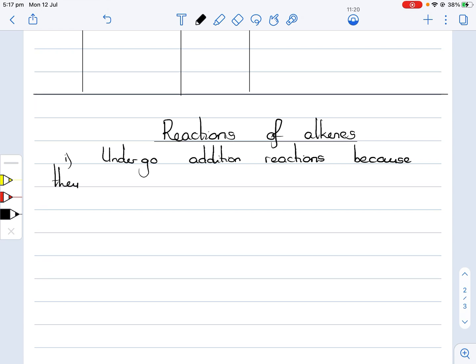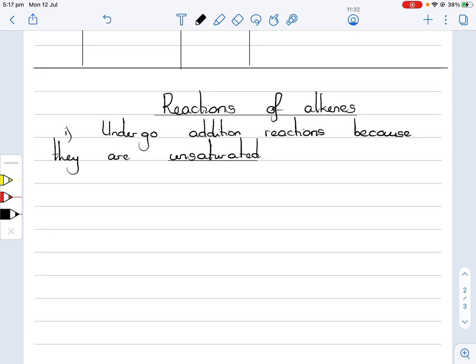We are going to fully understand what this term means as I start reacting my alkenes.